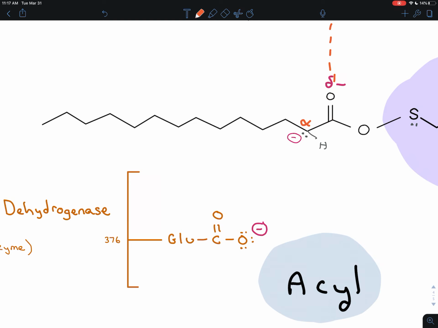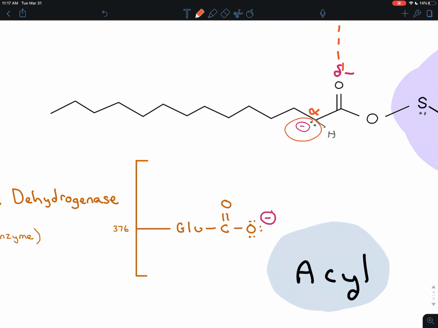In other words, a hydrogen can leave this alpha position because the lone pair that's left behind can be stabilized through resonance. So because this hydrogen can be donated, it's acidic. An acid is a molecule that donates a hydrogen. So that alpha position is acidic.